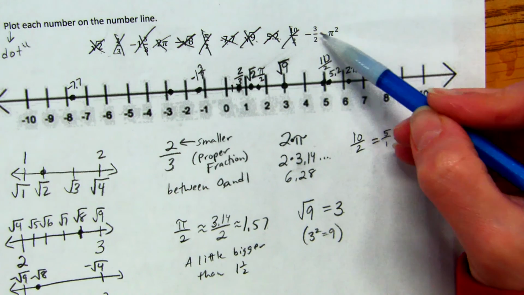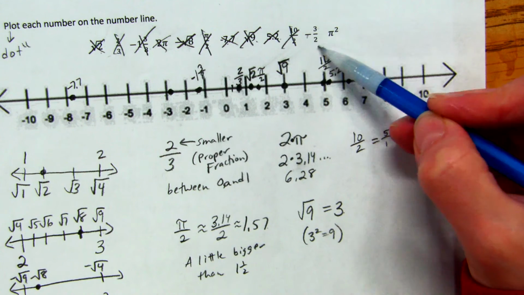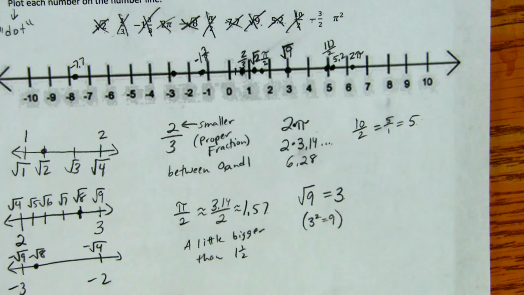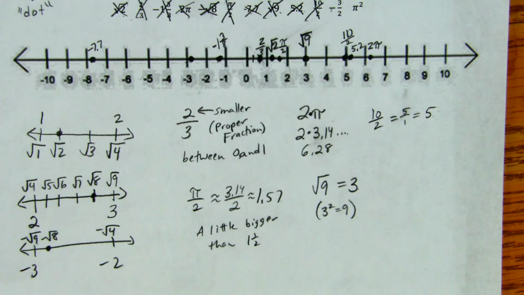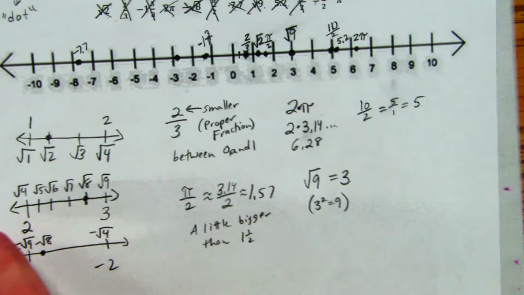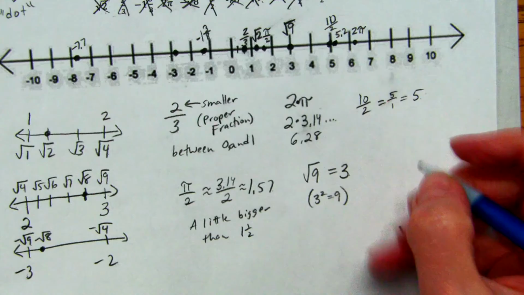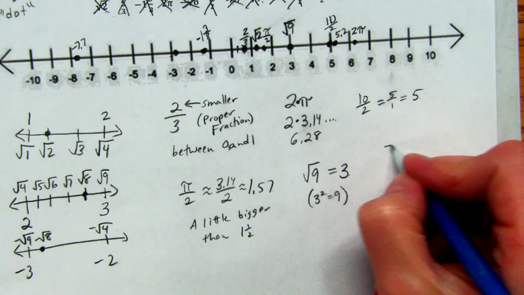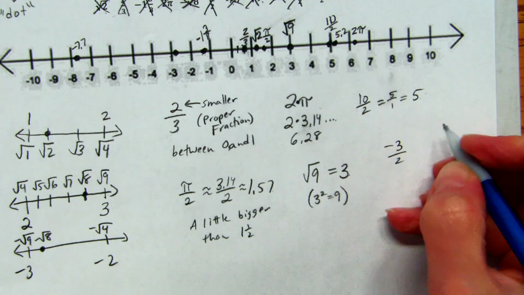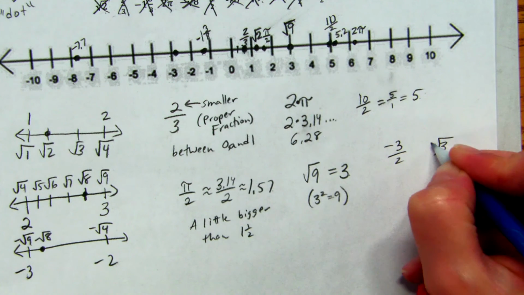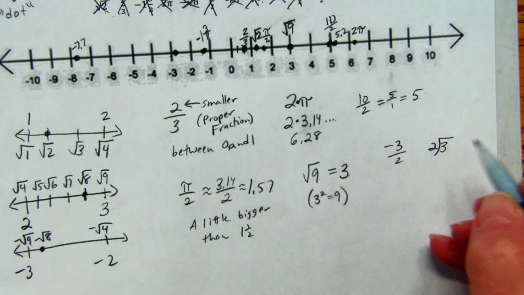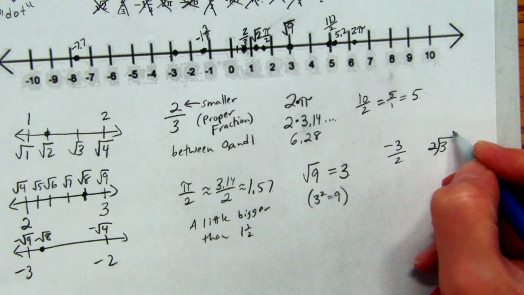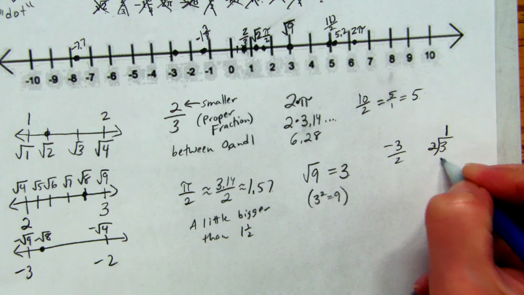Okay, then we have an improper fraction, negative 3 halves. Let me scooch this down a little bit. Slide my tray over. So negative 3 halves, if we make it into a mixed number, 2 goes into 3 one time. 1 times 2 is 2.